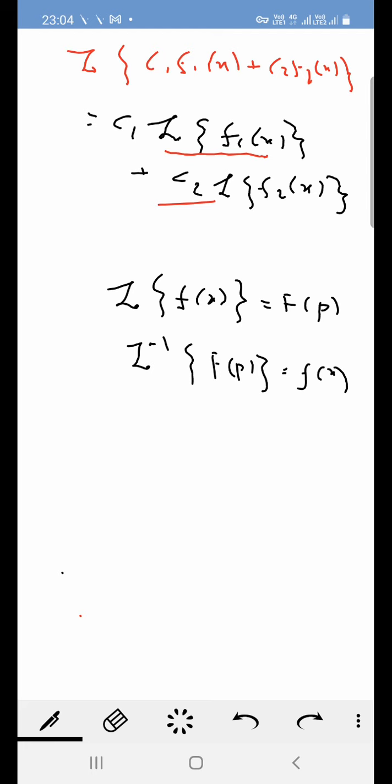And this linear combination property of the Laplace transform for linear combinations of functions also holds for the inverse transform.